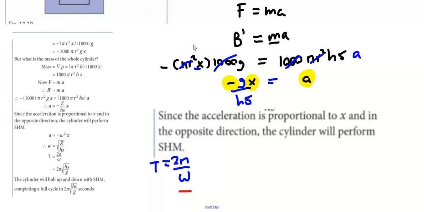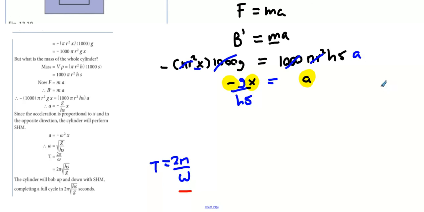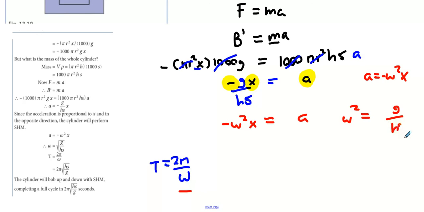But what we know already is that a equals minus omega squared x. So minus omega squared x equals a. This implies omega squared equals g over hs, which gives us that omega equals the square root of g over hs.